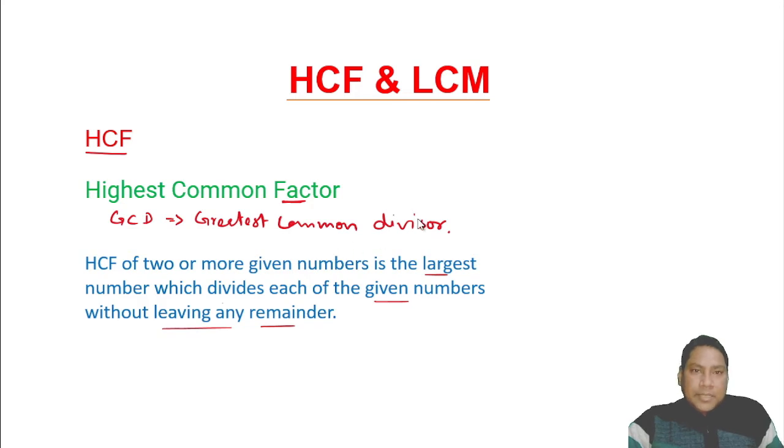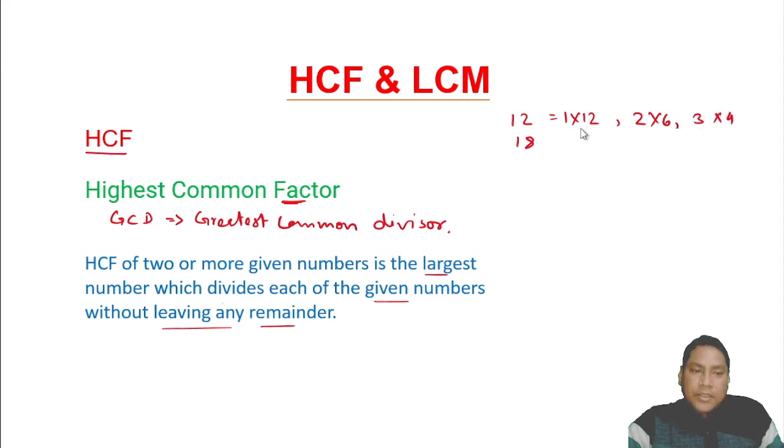Let us take an example and understand it better. Let us take the example of 12 and 18. Here we have to take out the factors. The factors of 12 are 1 multiplied by 12, 2 and 6, and 3 and 4.